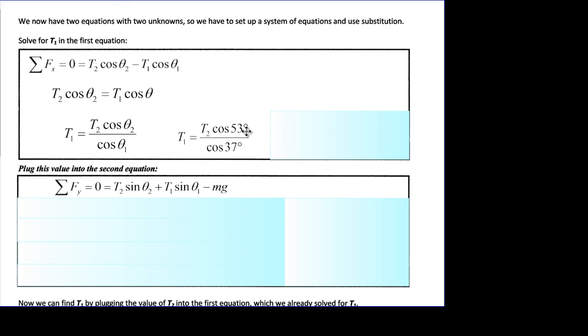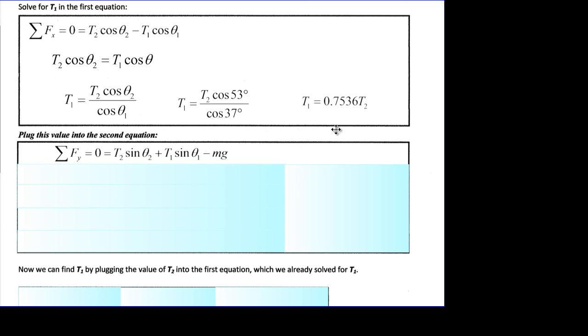So I just did cosine 53 over cosine 37 in my calculator, and that came out to be 0.7536 something. I took it to 4 decimals. I know I'm going to round my answer to 2 decimals, so that should be plenty to give me an accurate number. So now I know that T1 equals 0.7536 T2.